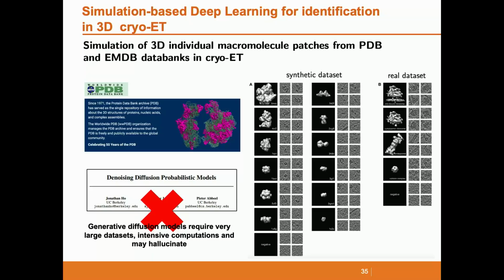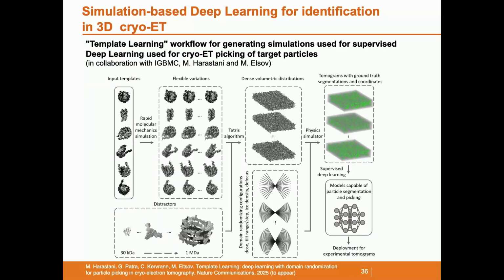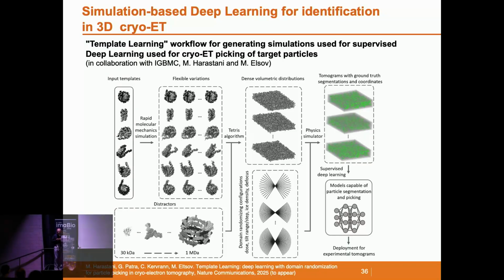So that's why we resorted to physics and random set simulation to generate synthetic data that can mimic what we can observe in real data sets. So we have a library of macromolecules. You can deform these macromolecules by applying molecular dynamics, and then you randomly distribute them, with the right number of macromolecules if possible, in the 3D volume, and then you apply the cryo formation process.